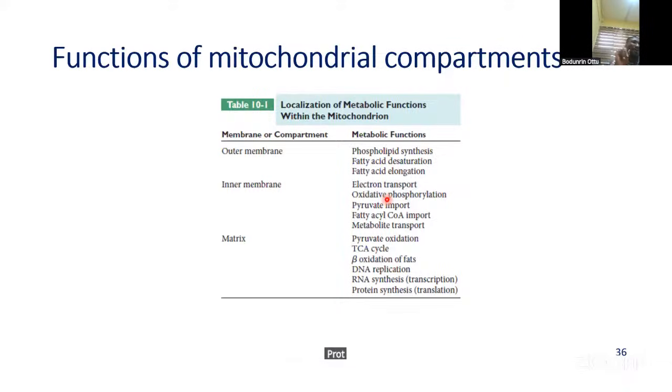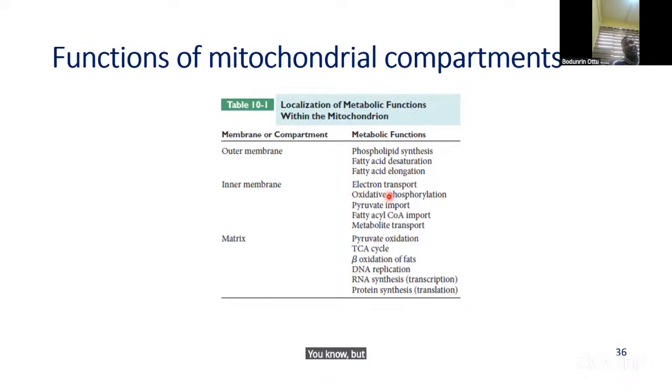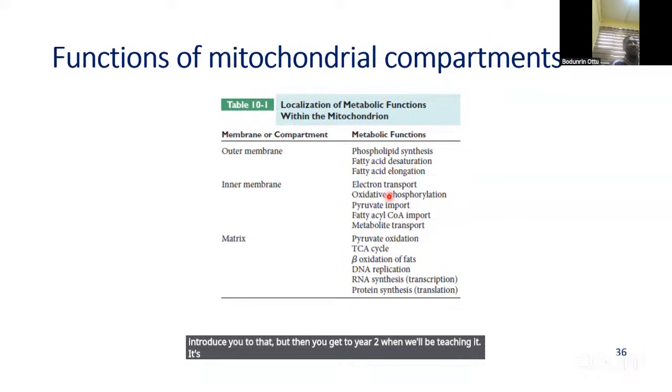Protons are pumped into the intermembrane space and then eventually enter complex 5, which is ATP synthase. But for now, you don't need to know too much about it. So that's actually the major cellular respiration, but I thought that if we try to introduce you to that, by the time you get to year 2, when we'll be teaching it, it's just going to be repetitive. So for now, just note that it is in the inner membrane.